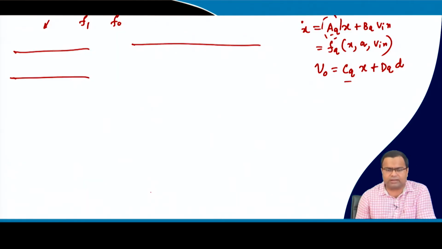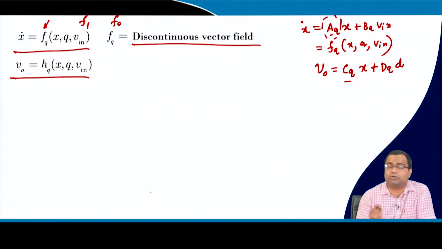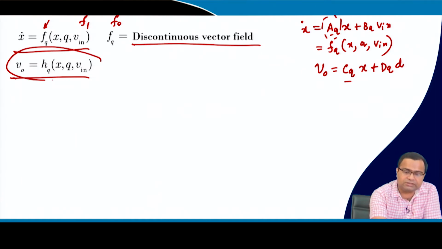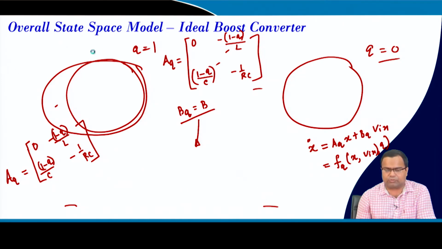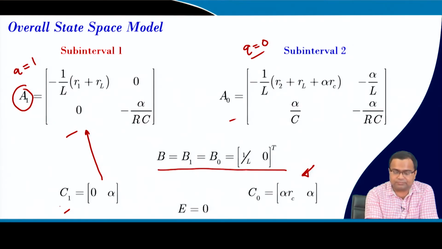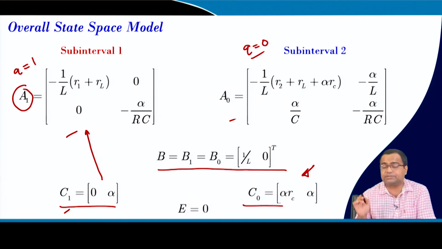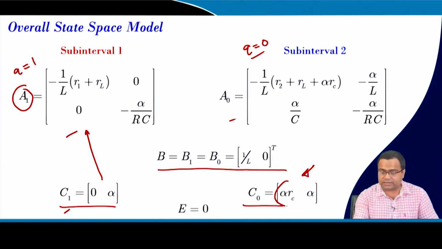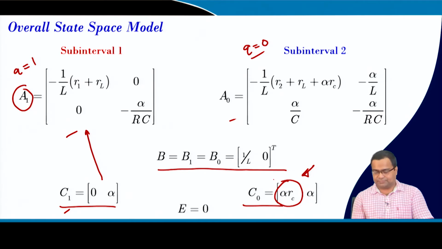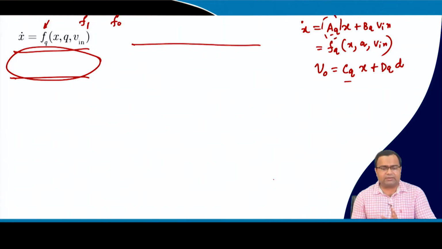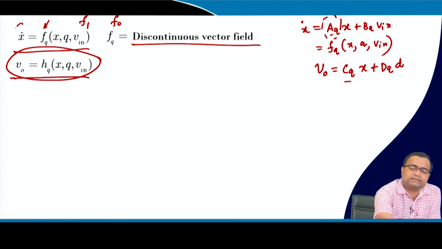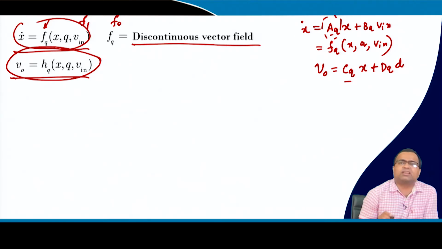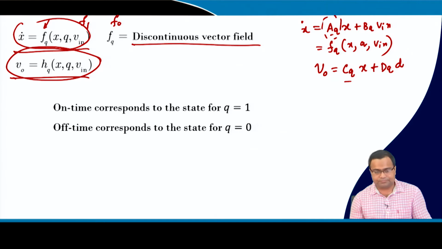For ideal converter the output voltage is not discontinuous. But if you go to the practical boost converter, we talked about the practical boost converter, that C1 and C0 are different because this term is causing discontinuity. Okay. So, in general we can think of the vector field where this is a discontinuous one, the output can be also discontinuous in general.